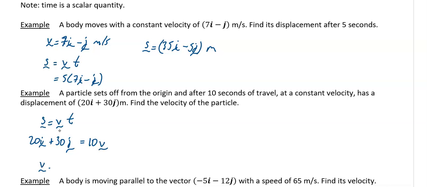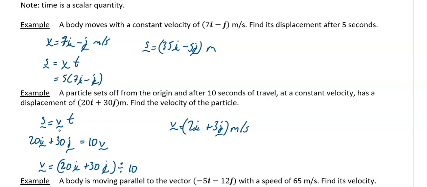Which means v is just going to be equal to 20i plus 30j, I'll put that in a bracket because that's all being divided by 10. So your v works out to be 2i plus 3j, in a bracket, and that's going to be meters per second.